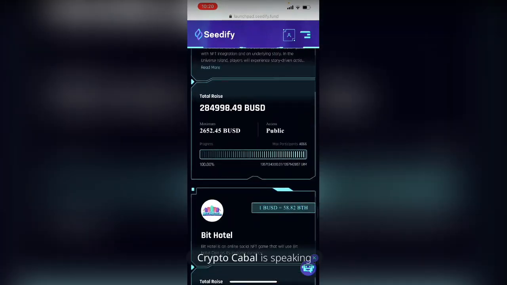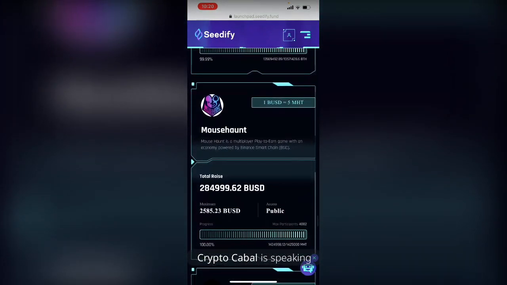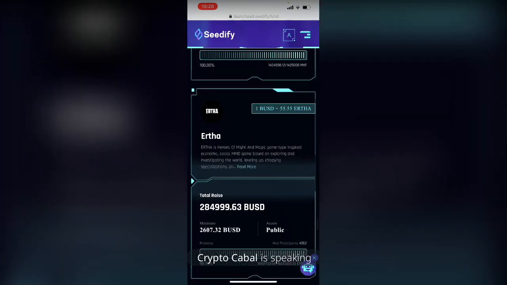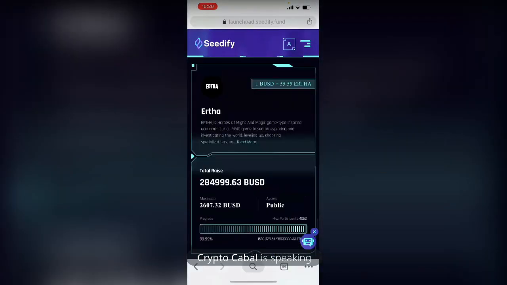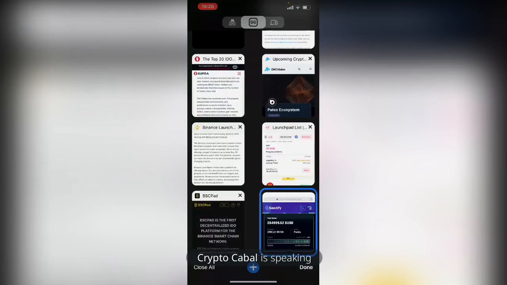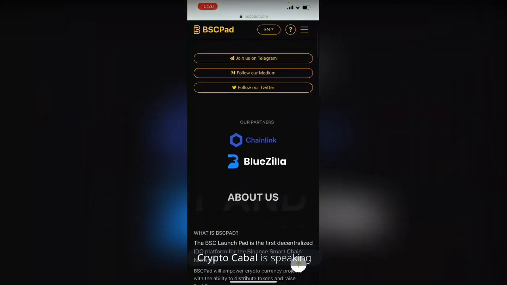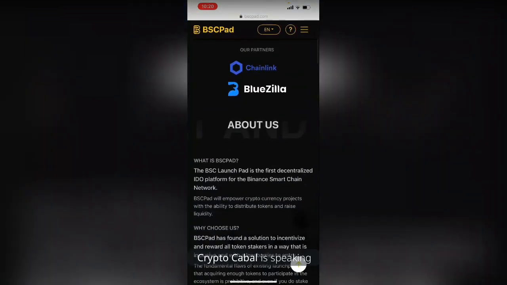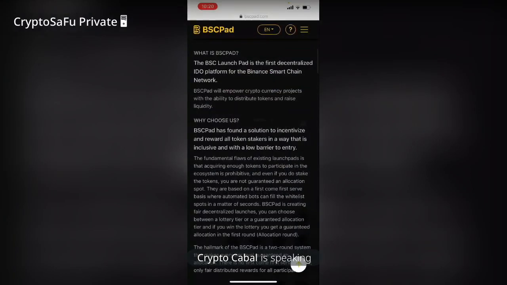Now moving forward, we have the likes of the ICOs. What does ICO mean? ICO means initial coin offering. Remember, we talked about the IDO, we talked about the IGO, and now we are talking about the ICO.